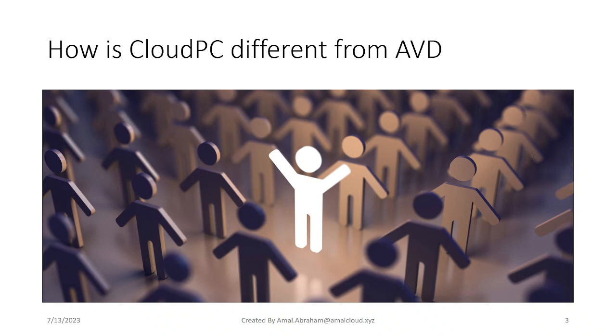Another difference between Windows 365 and AVD is that AVD gives you more granular control over your VDI environment, whereas Windows 365 has limited control because the entire thing is managed and operated by Microsoft. So those are some of the key differences between Windows 365 and AVD.